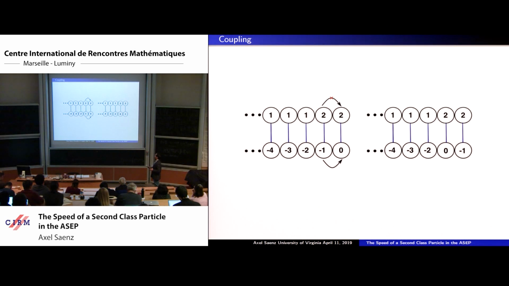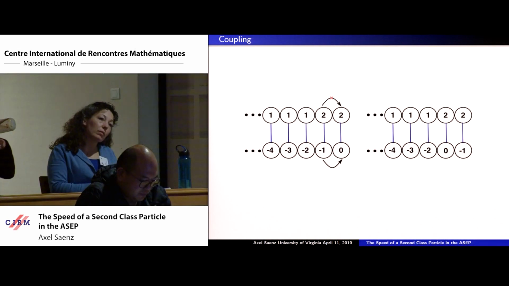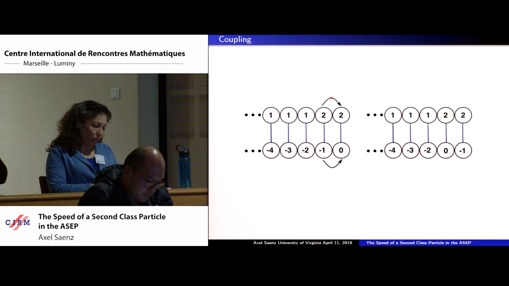What we're going to do is couple each pair of particles connected by a blue line so that they share an exponential clock. So these two processes are going to evolve simultaneously, but they might evolve differently due to the exclusion rules.